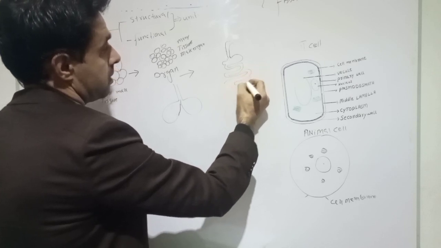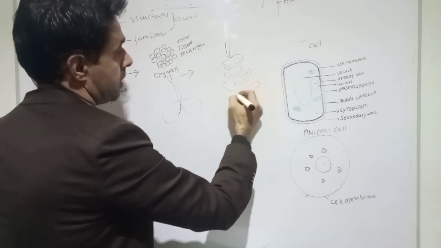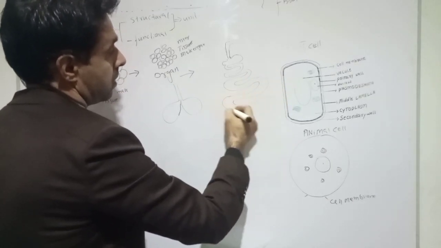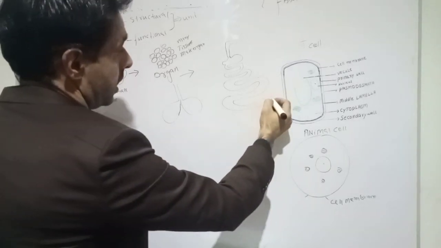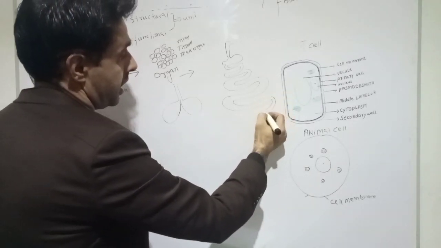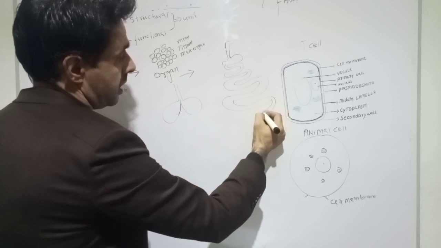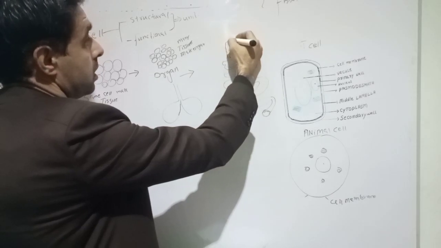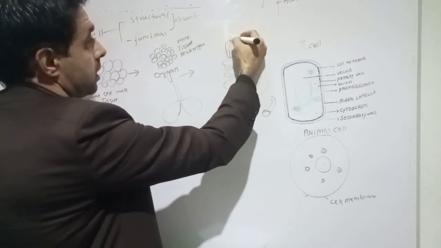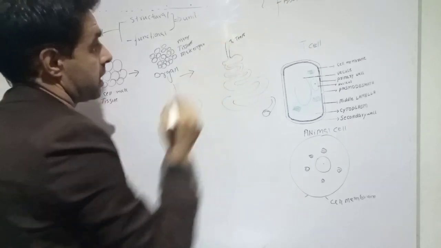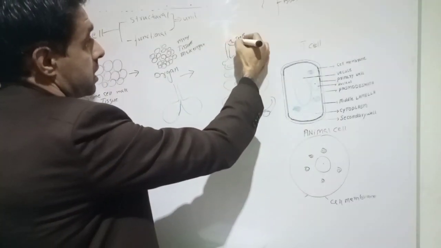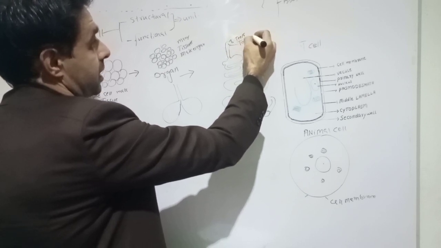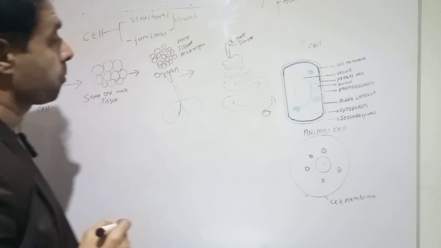And now it starts making the large intestine, and finally it is the rectum. Mouth has teeth. Teeth are organs. In the mouth there is the tongue.